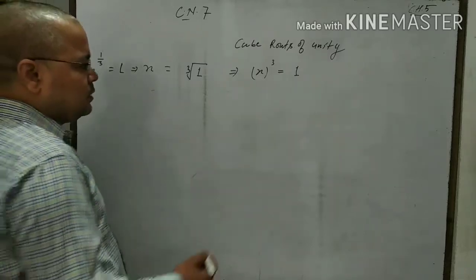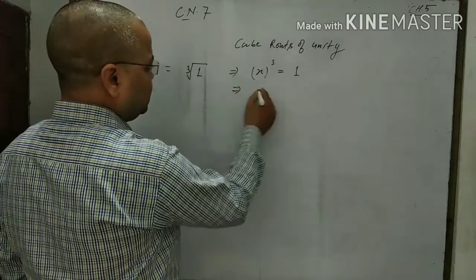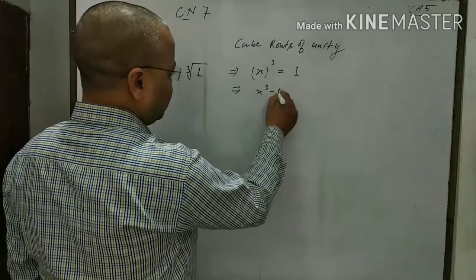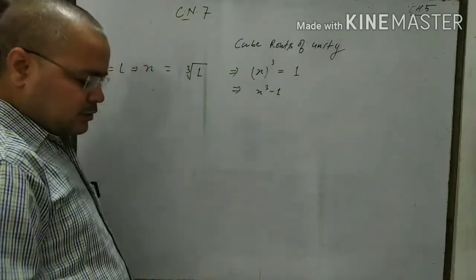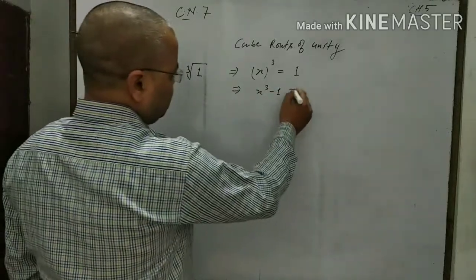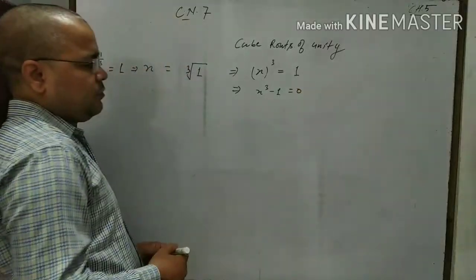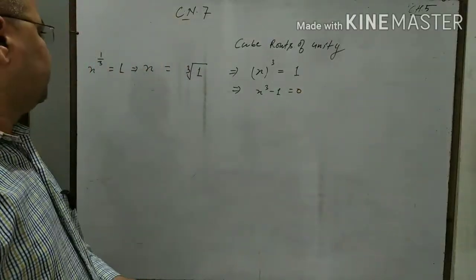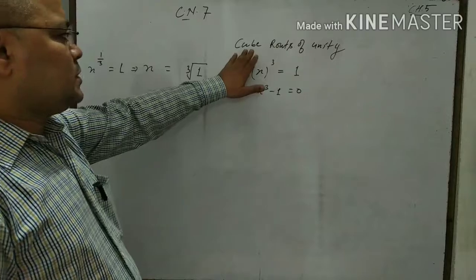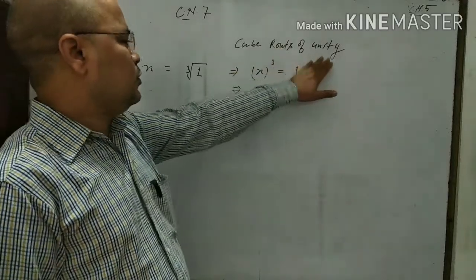Or finally we can write x cube minus 1 is equal to 0. Okay? Means we are discussing the cube root of unity.